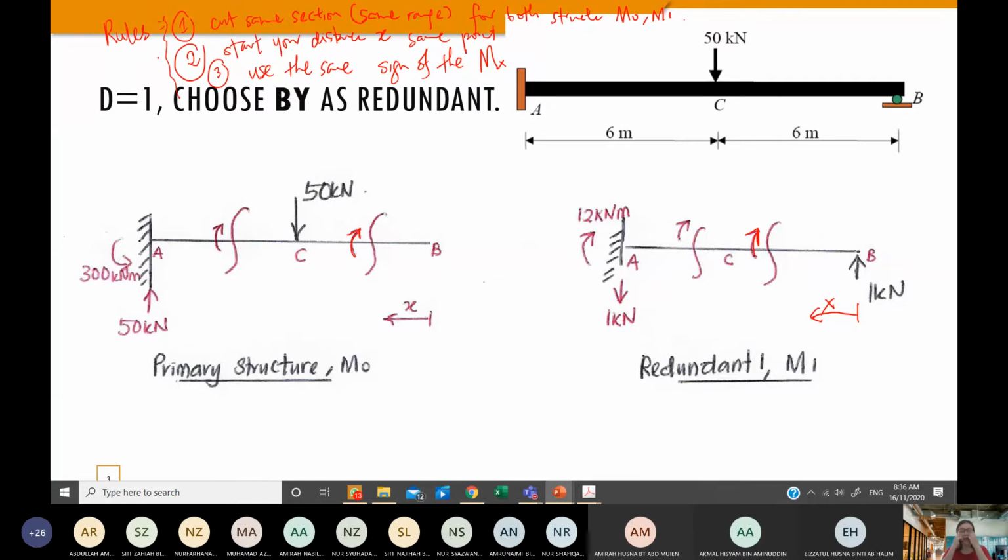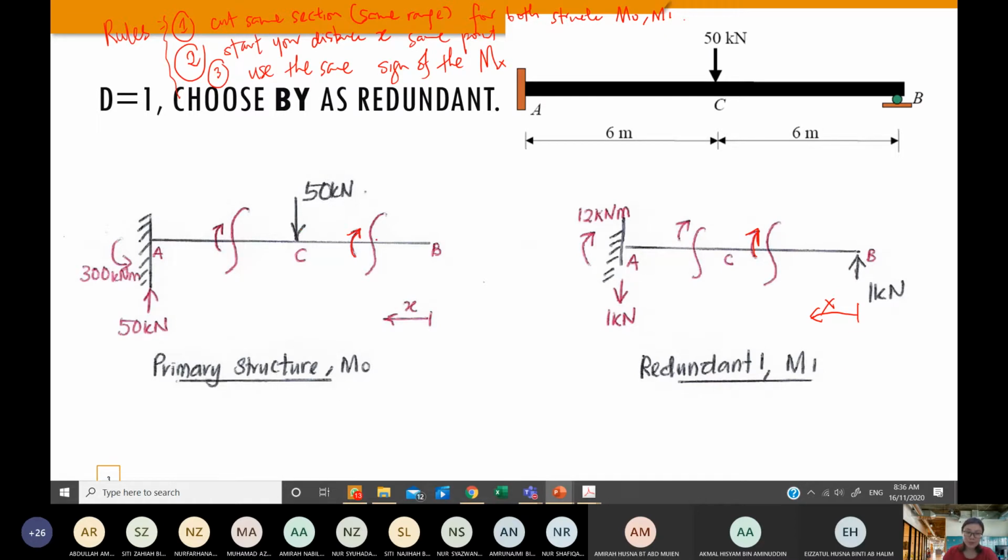Now I'm going to analyze the M0 and M1. Because there is a 50 kilonewton load here, I have to cut 2 sections, because there are 2 different bending functions in this case.